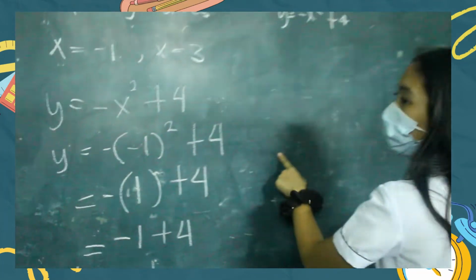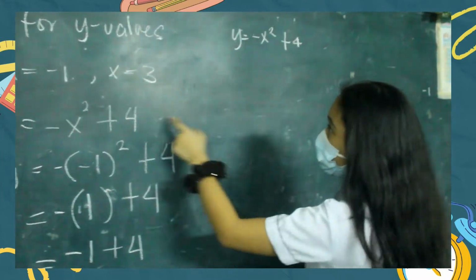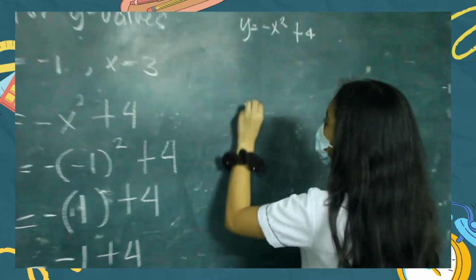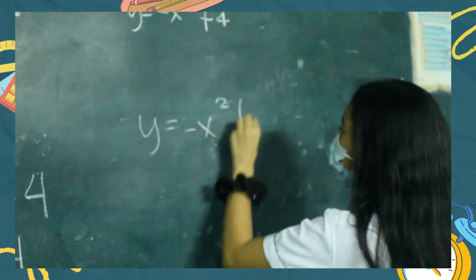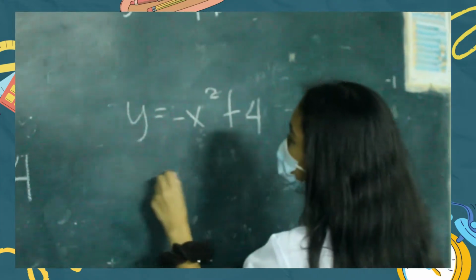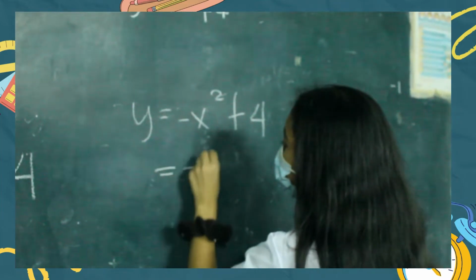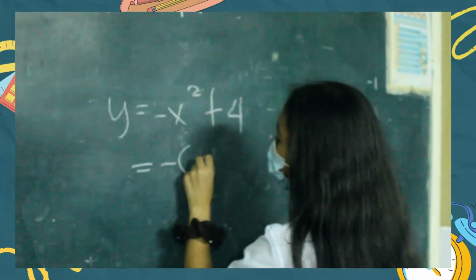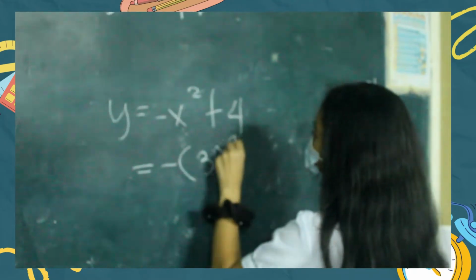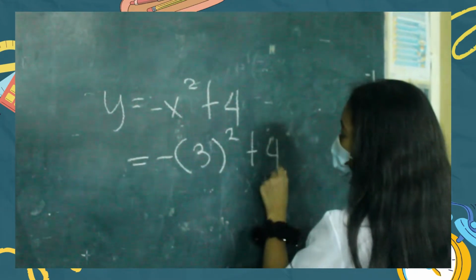So now if our x is equal to positive 3, y is equal to negative x squared plus 4. So we will change the x into 3, squared, plus 4. Then simplify.